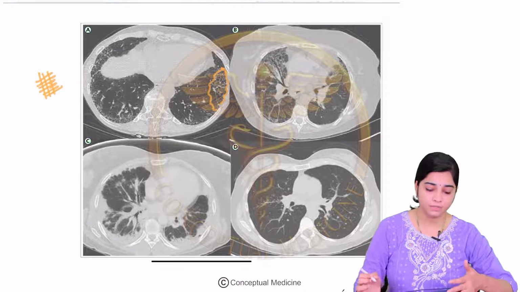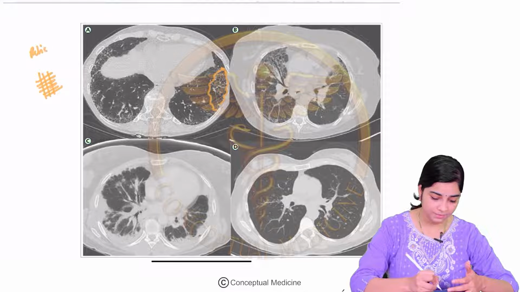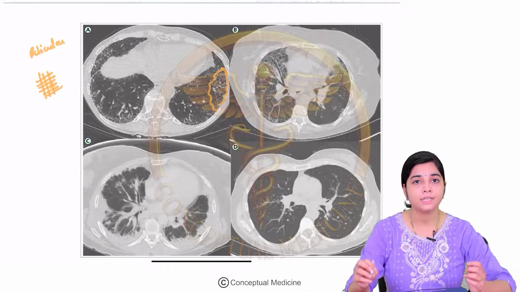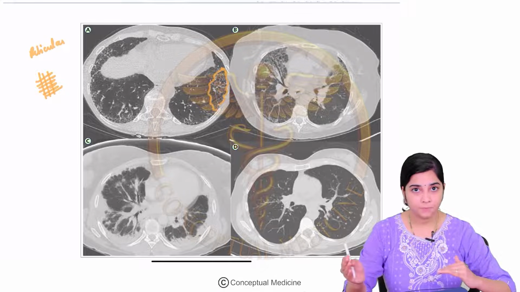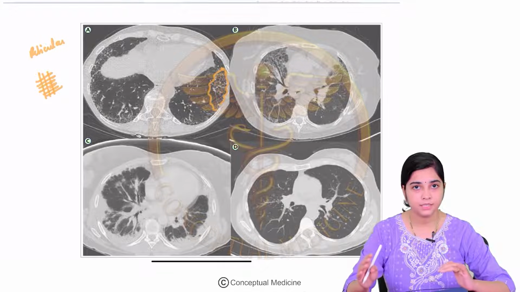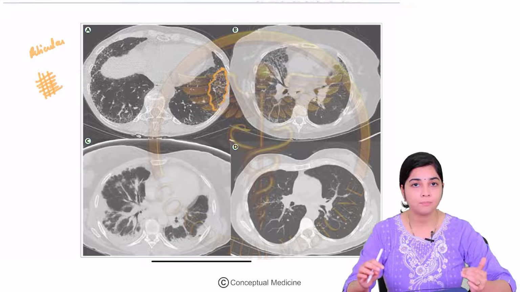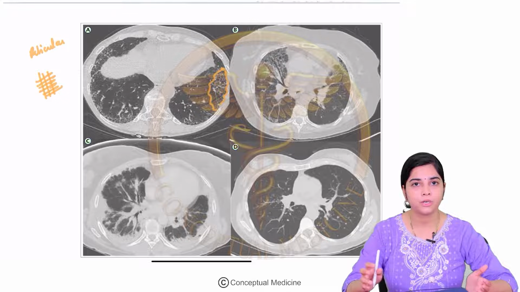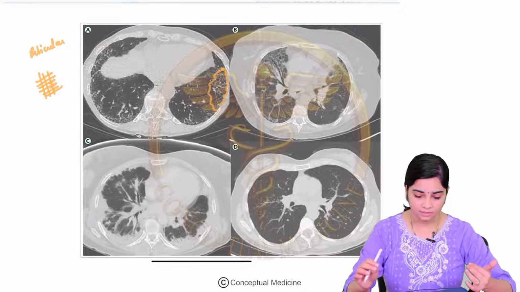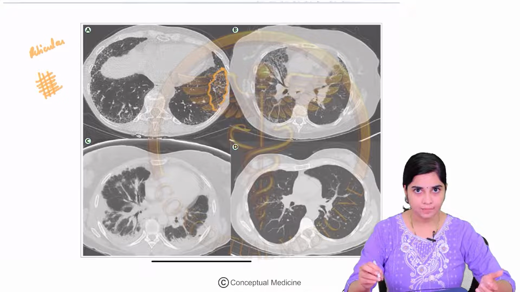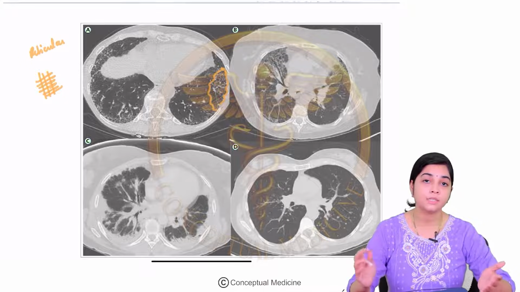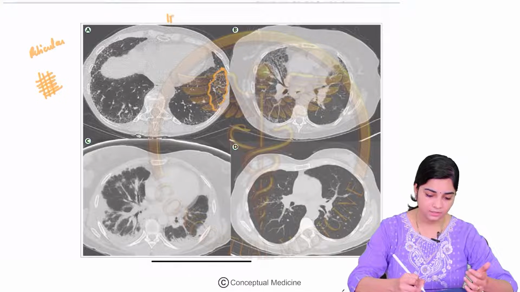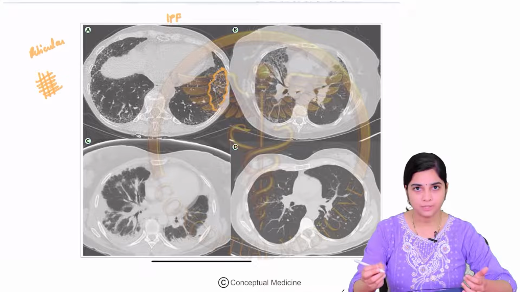So this is what we call the reticular pattern. So a reticular pattern, is it part of the pleura? Yes, it is part of the pleura. It is subpleural in nature and it is involving the bases of the lung. And this kind of a reticular pattern involving the bases of the lung, subpleural in nature, is seen in which type of ILD? It is seen in your idiopathic pulmonary fibrosis.